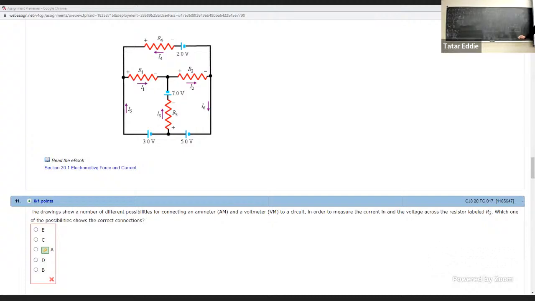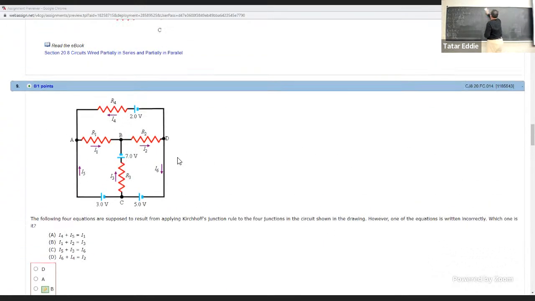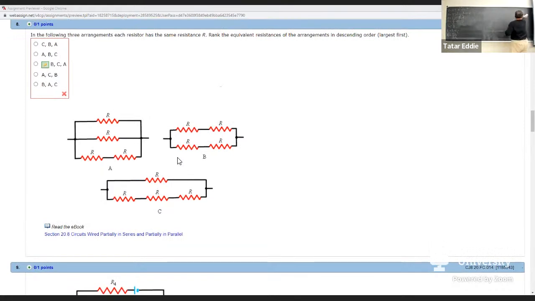Okay, so problem number 8. For problem number 8, probably the first circuit is more tricky to figure out. But look, you can combine those two, they are in series, and the circuit is going to look like this.